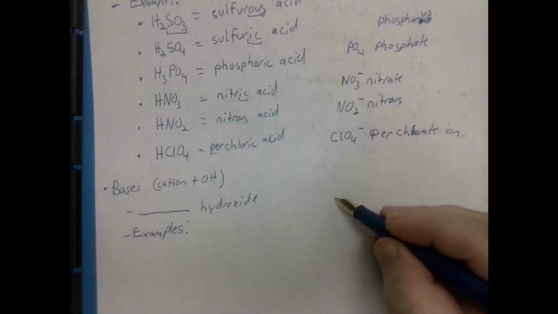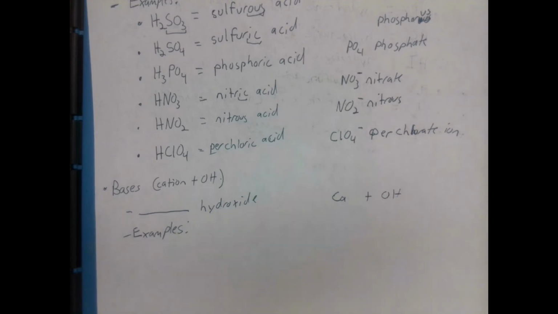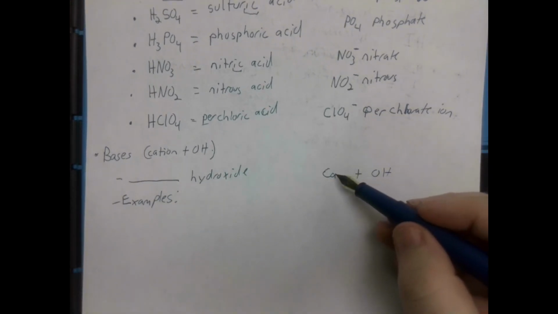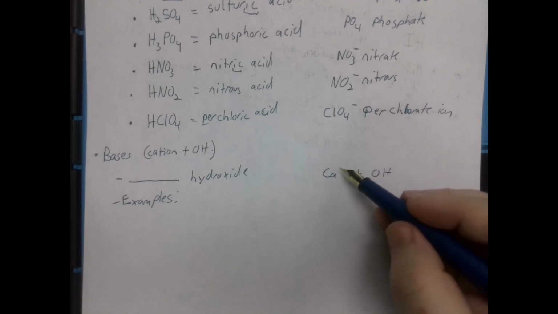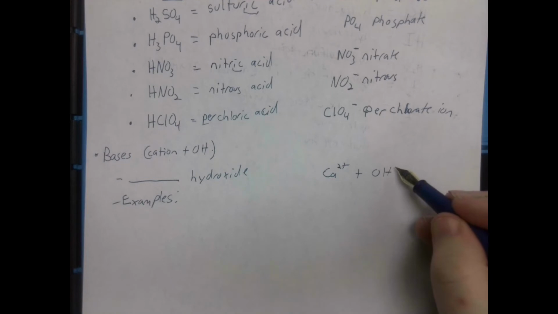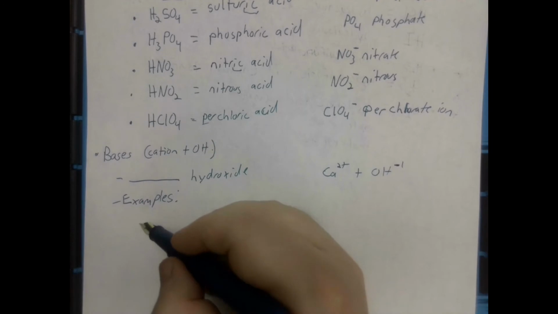What would be the formula for Ca plus OH? So what's the charge or oxidation state on calcium? Plus two. And OH is? This should be one you most definitely memorize. Negative, or -1. So what would the formula be?